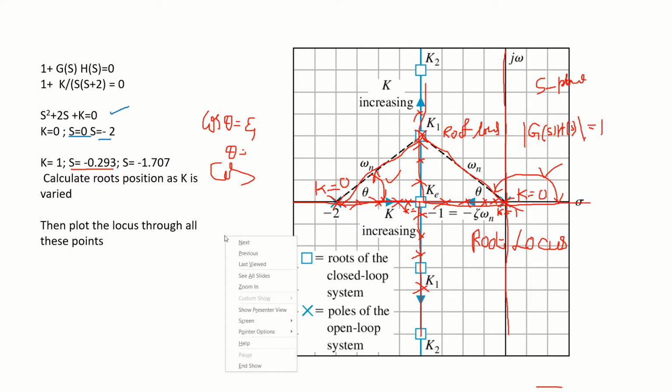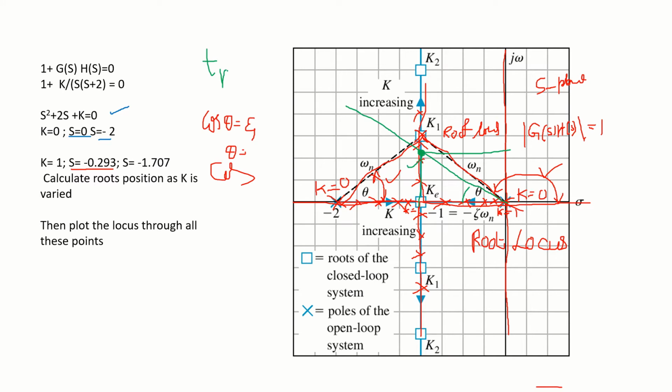So once theta is known, we can measure a value of theta and we can draw the zeta line. So once the zeta line is known, we can find out the value of K. From that the corresponding closed loop poles can be obtained. So that's the idea.